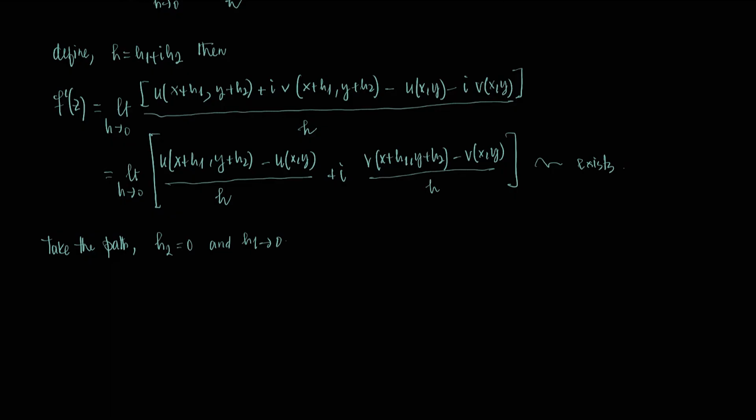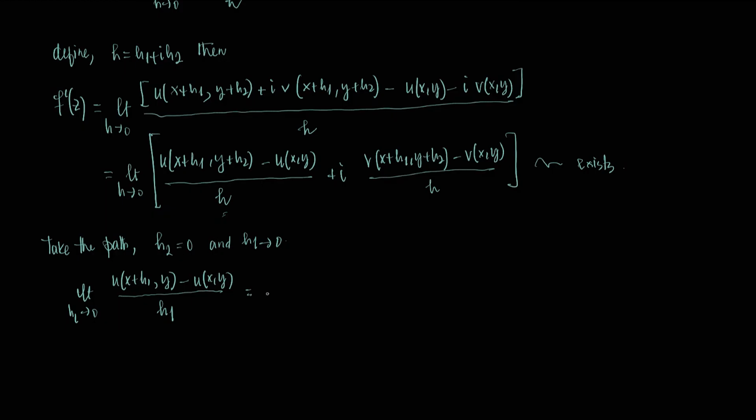Now if you take this path, it becomes the limit of u of x plus h1 and y, because y plus h2 is y, minus u of x comma y, divided by h1. Clear? One small mistake, this should be h1, h1 goes to 0. So h is h1 plus i h2, and h2 is 0, so basically it is h1.